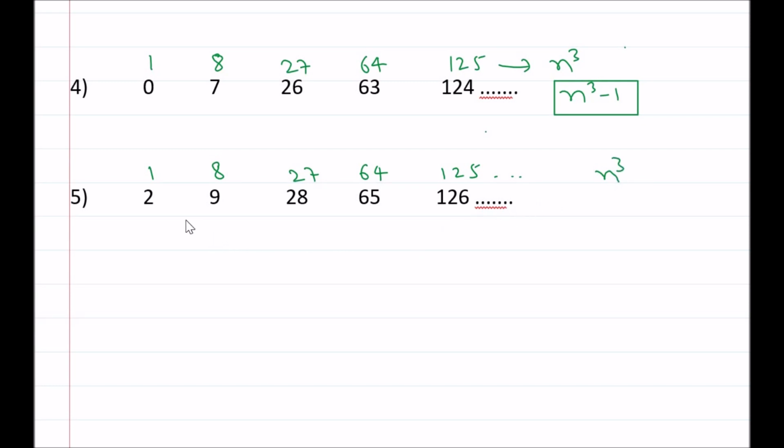If you see, they are all 1 higher than the actual number. 1 plus 1 is 2, 8 plus 1 is 9, 27 plus 1 is 28. So that means here we will get n cube plus 1. So the answer for this sequence is n cube plus 1. Okay.